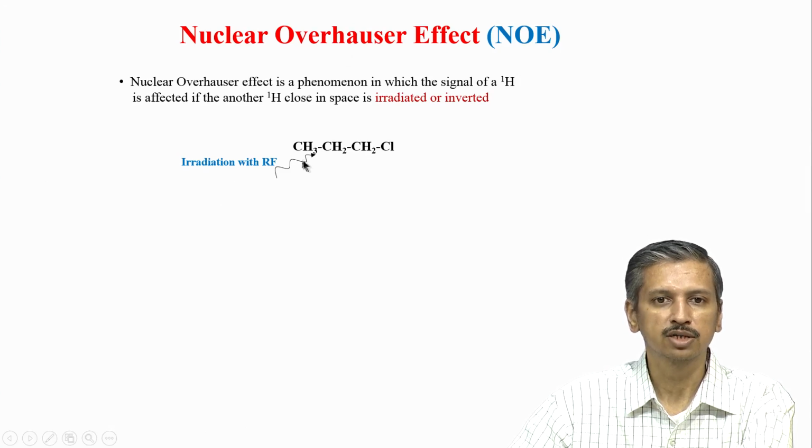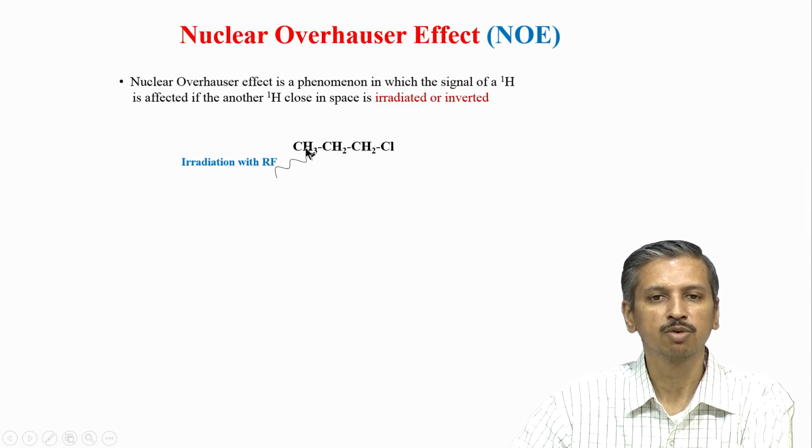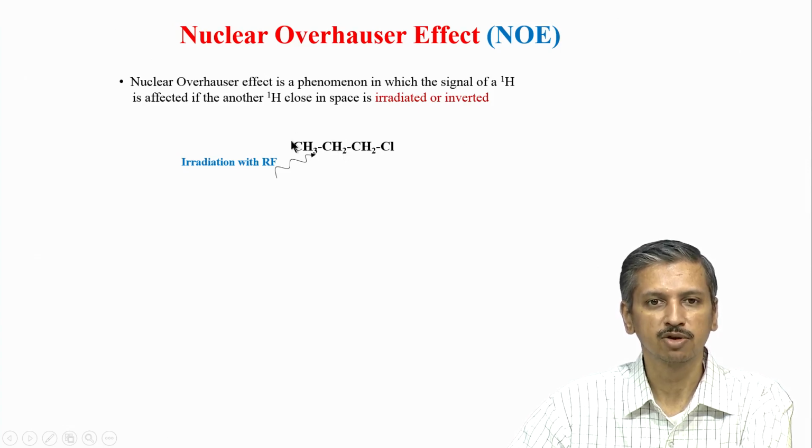Now look at this molecule, which we have been looking at in the last few slides. Here these two hydrogens are very close to each other in space. Remember, we are looking at space interaction now, not through bond. They may be 3 bonds away or 5 bonds away, but if you draw a 3-dimensional structure of this molecule, they may come close to each other.